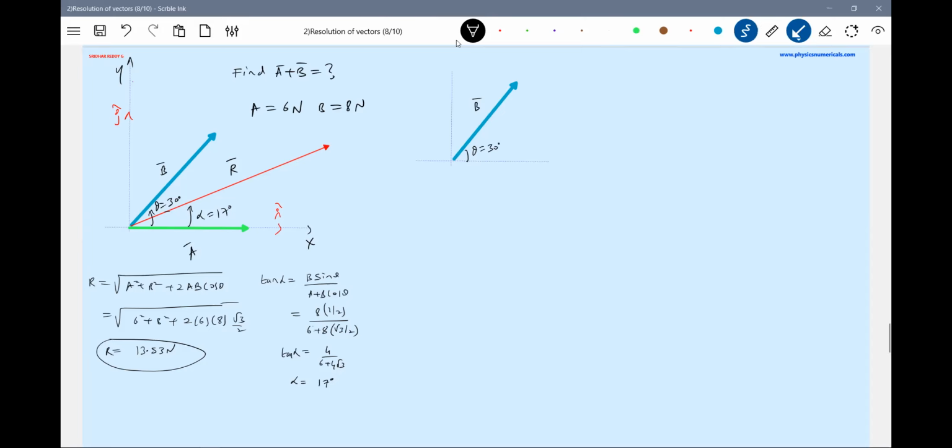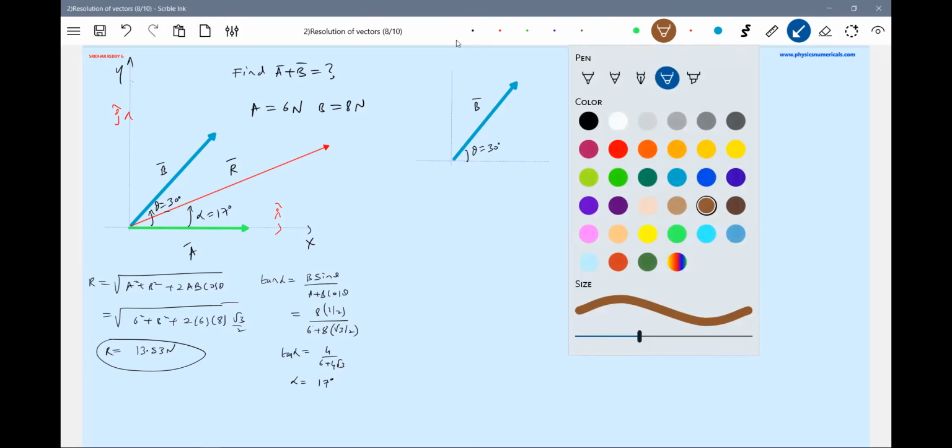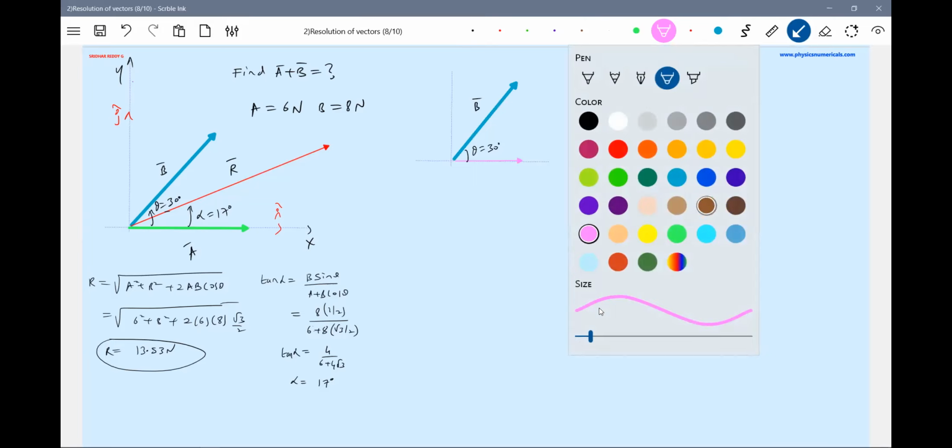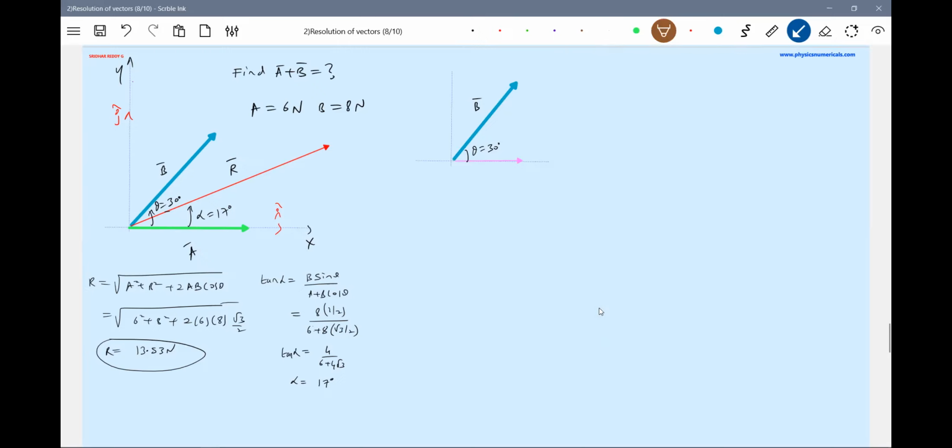I'm going to break up this vector. A component of this will be here. The other component will be here. So what are Bx bar and By bar?